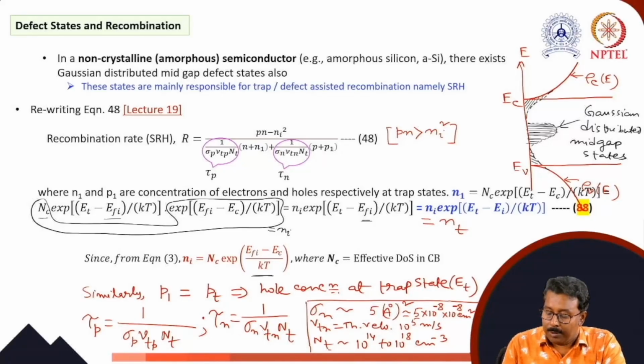Anyway, let us take two examples to calculate the approximate value of recombination rate and minority carrier lifetime, because both are related. Recombination rate is inversely proportional to the carrier lifetime.